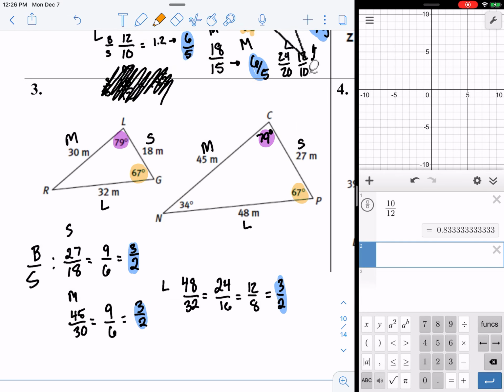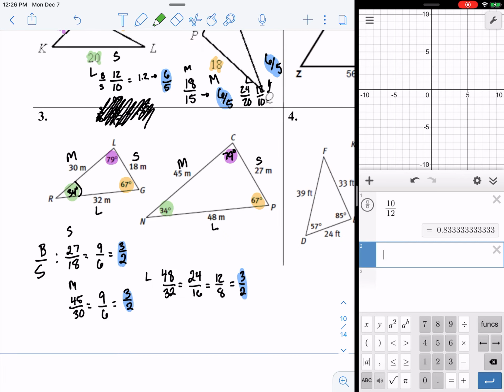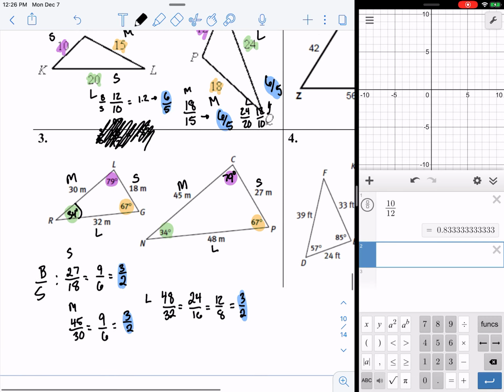Over here I have a 34, which tells me my missing angle right here must be 34 degrees. Now you only write your missing angle values once you've determined your side lengths are all proportional. If you have 3 angles, or a total of 6 given angles, then you know all the sides must be proportional.